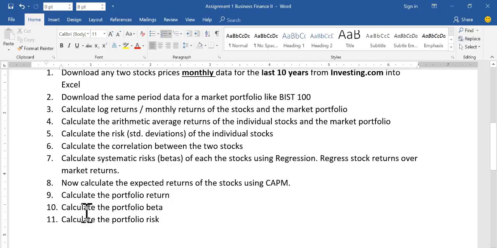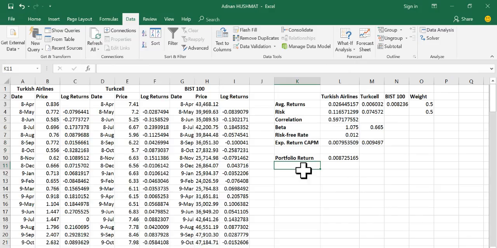Anyway, so that is how to calculate the portfolio return. Now we need to calculate the portfolio beta, the systematic risk of this portfolio. Just like the portfolio returns, the portfolio beta is just the weighted average of the betas of the stocks.